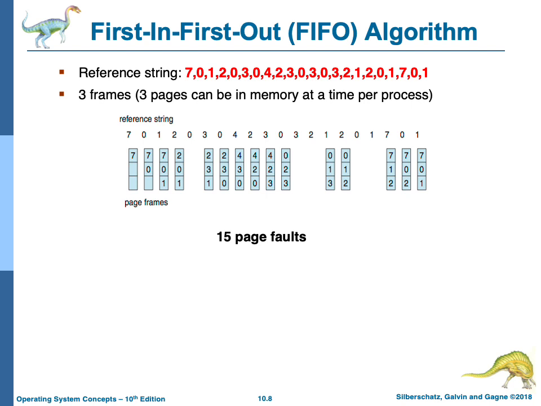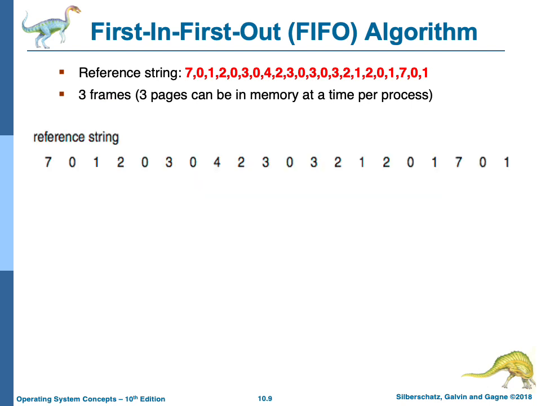Given this reference string, and if we assume that we only have 3 frames in our memory, FIFO will end up with 15 page faults. But how did we end up with 15? Let's do the count together. With FIFO the idea is we replace the oldest in the queue.